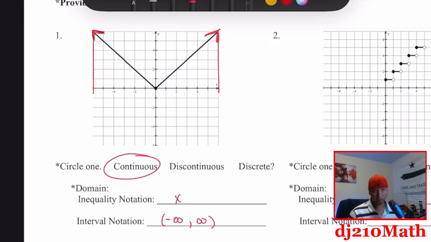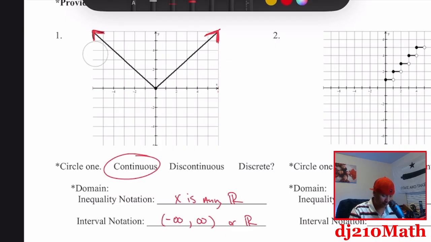X, and for inequality, X is any real number. And you could say the real number line here as well, any real number here. So either one of these will be correct, in my opinion.